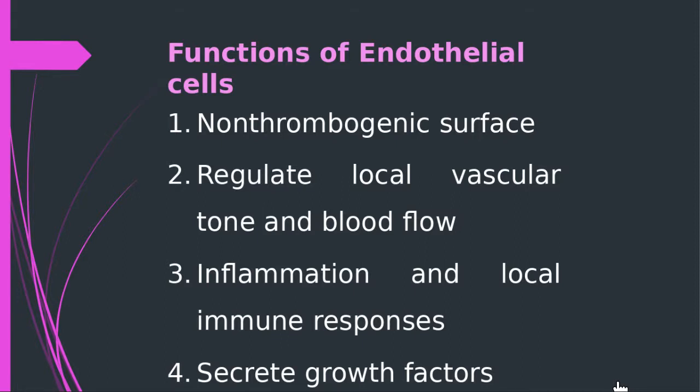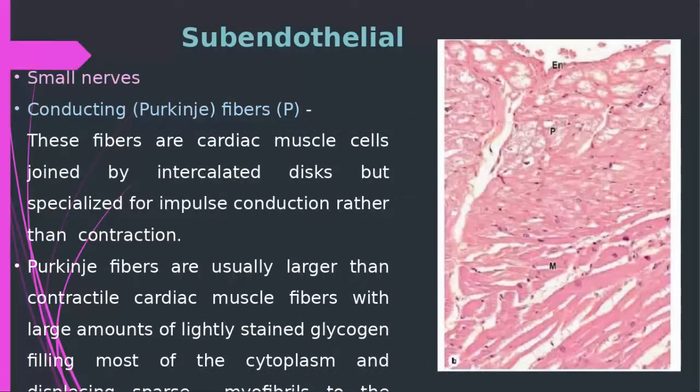Now coming to the next, your subendothelial layer. So what is it? It basically consists of small nerves. It also contains one interesting thing, your Purkinje fibers, or what we call conducting fibers. Basically, our heart needs to pump all the time. This is one organ which doesn't rest.